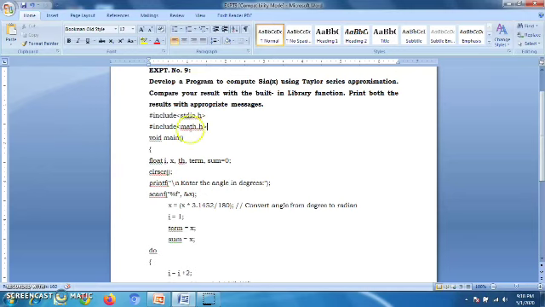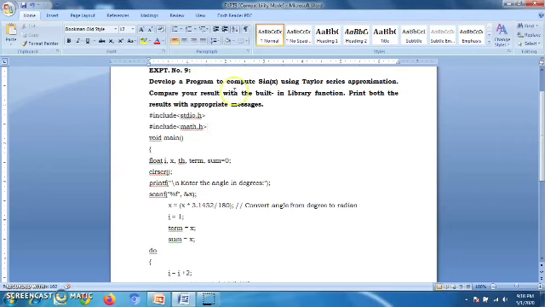Why math.h? Whenever you are using any inbuilt mathematical functions in your program, you have to include math.h. You may remember that you have already used this math.h in the program you wrote to calculate the roots of a quadratic equation, because there we used the square root function.